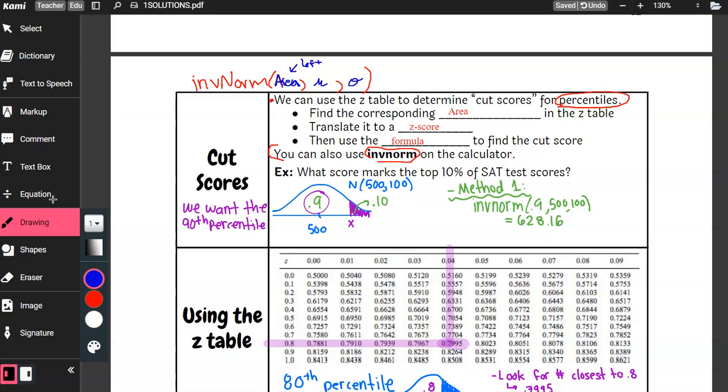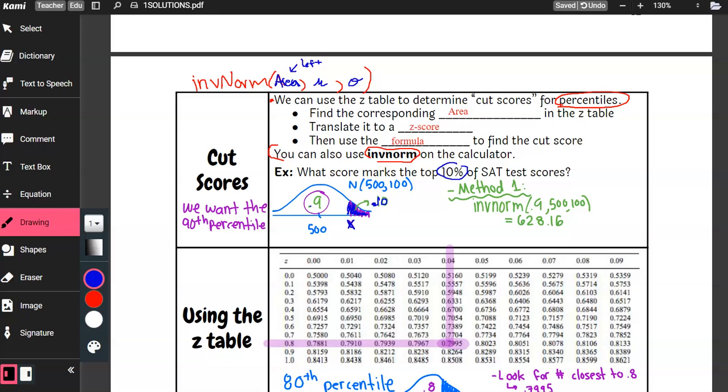Okay, so now, what score marks the top 10% of SAT test scores? You see here from the picture, I don't know what the cut score is, but they're telling us that I want the top 10%. So that's 0.10.